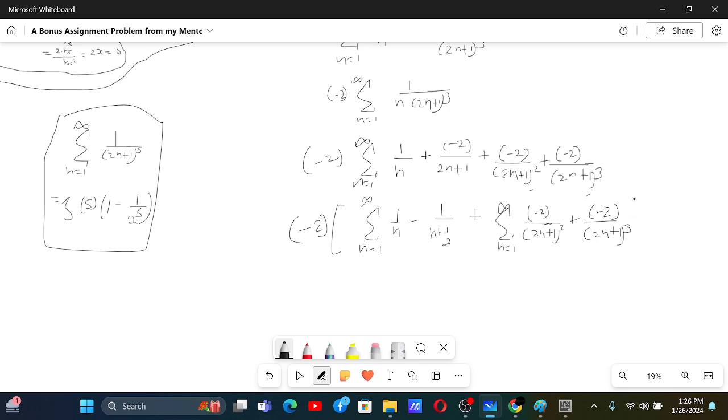Now for this one, if you know the definition of the digamma function, the digamma of 1 plus n is just minus the Euler-Mascheroni constant plus the sum from n equals 1.